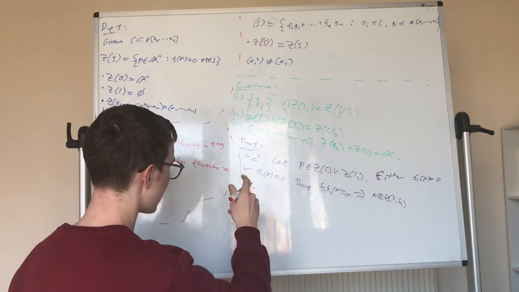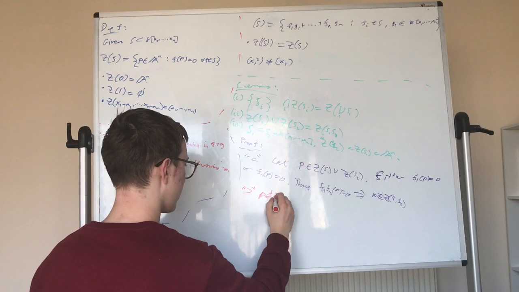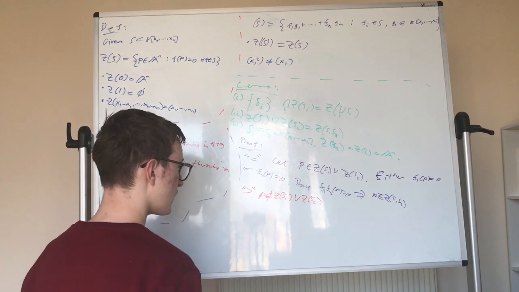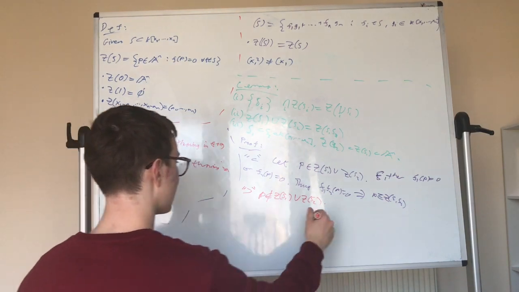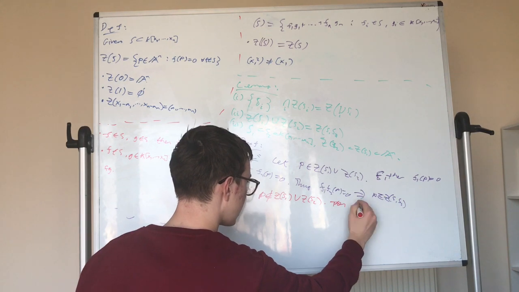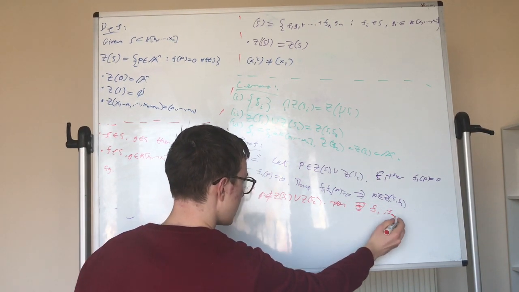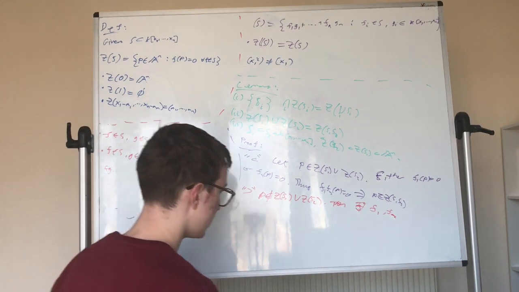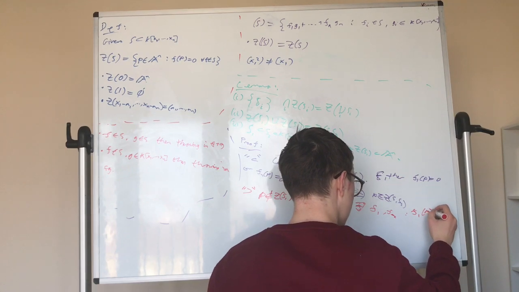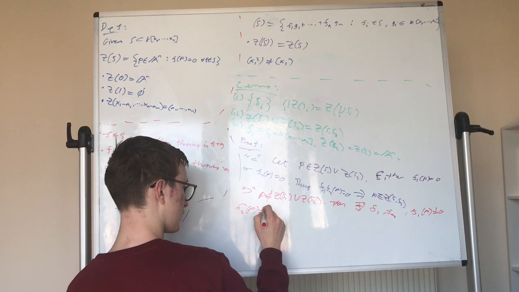Alright, so for the other direction, let's assume that P is not an element of this union. Then there exist F1 and F2 in S1 and S2 respectively, such that F1 of P is not equal to 0 and F2 of P is not equal to 0.